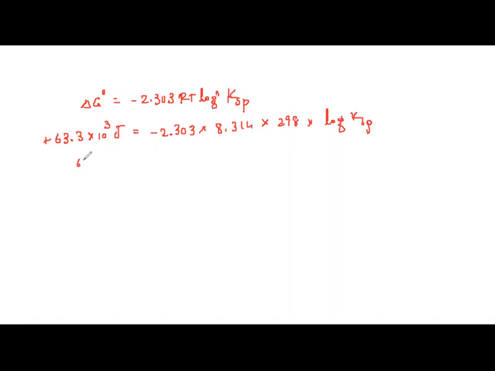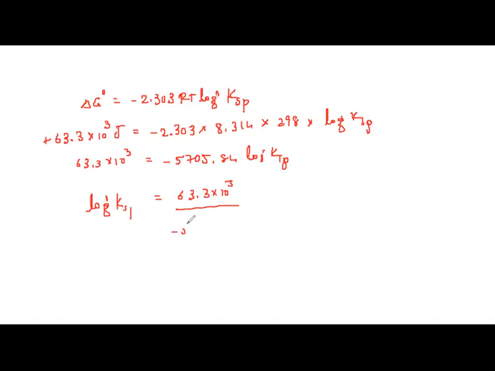When you solve it out, you will get 63.3 into 10 raised to 3 is equal to minus 5705.84 log of KSP. Therefore, log of KSP will be equal to 63.3 into 10 raised to 3 divided by minus 5705.84.